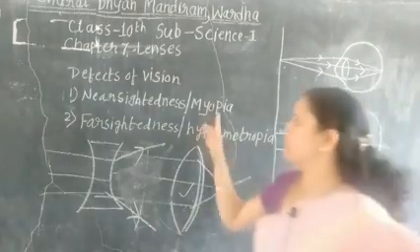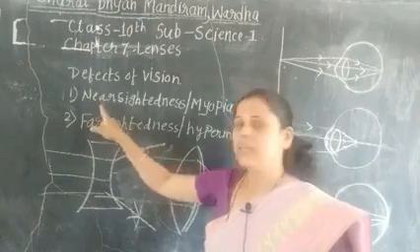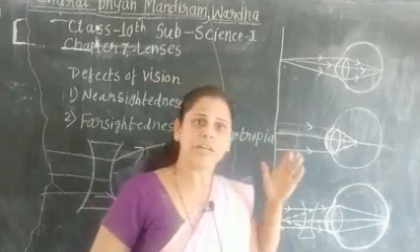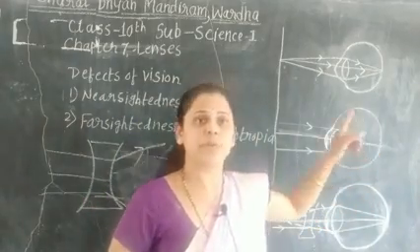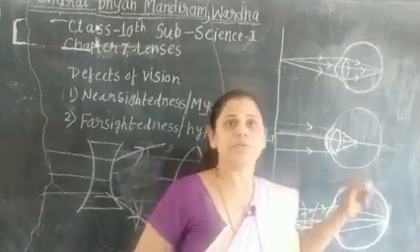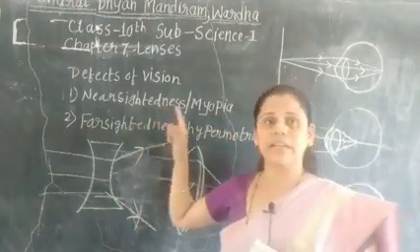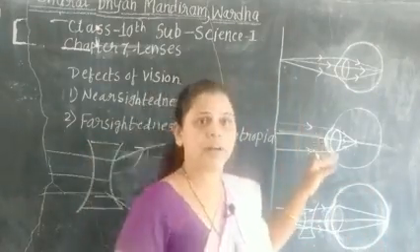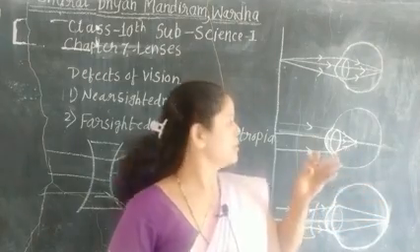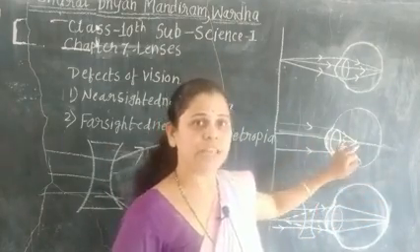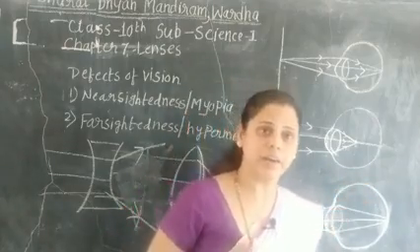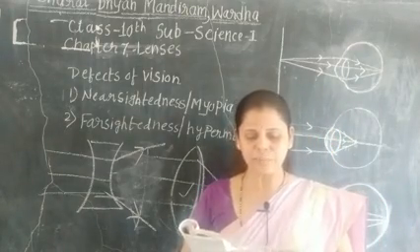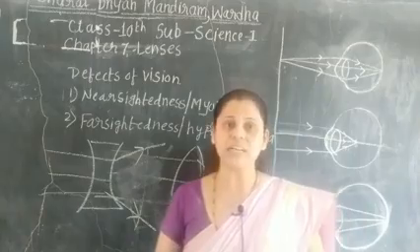This is called myopia, or nearsightedness. In this case, a person sees nearby objects clearly but cannot see distant objects clearly.